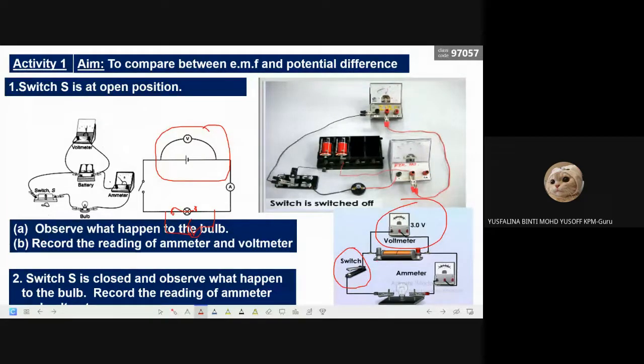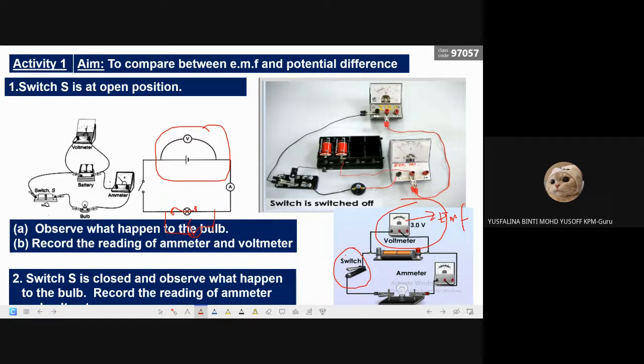But the voltmeter still shows the reading. Where does the reading come from? Actually, the reading is for the battery. So 3 volt is actually for the battery. This is called the EMF of the battery when the switch is open.